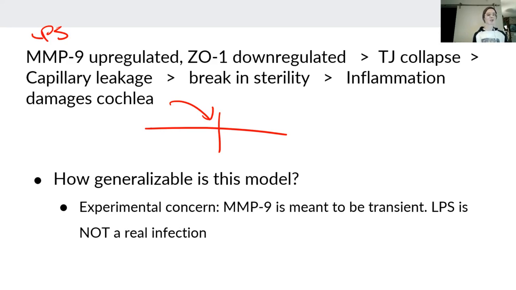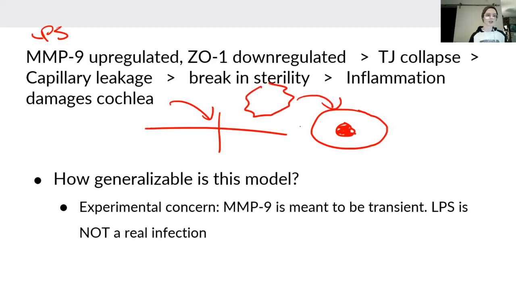But because that is generally in response to a viral or bacterial molecule being introduced, the purpose is to bring in a macrophage that can go and eat it. But in the case of LPS, they're very small molecules. They can get stuck in the nooks and crannies. And so what you might have is some chronic inflammatory response that may or may not really be applicable to a human system. It's really just something to keep in mind.